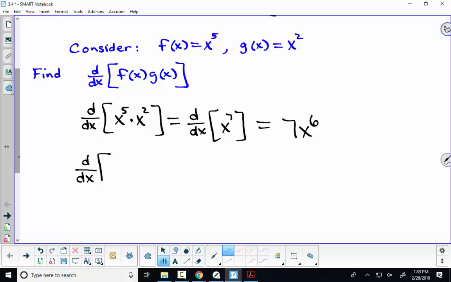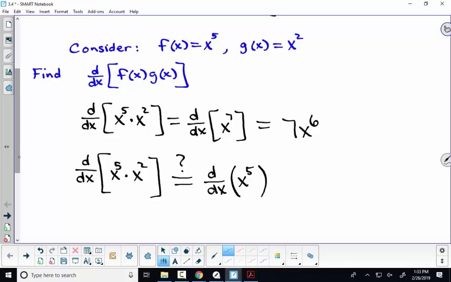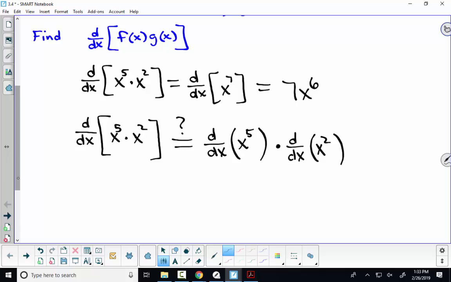So the question is, is it the same thing if I take the derivative of this product? Can I just take the product of the derivatives? In other words, can I just distribute the derivative operator across a product? And I say that's the derivative of x to the 5th times the derivative of x squared. Well, the derivative of x to the 5th is 5x to the 4th.